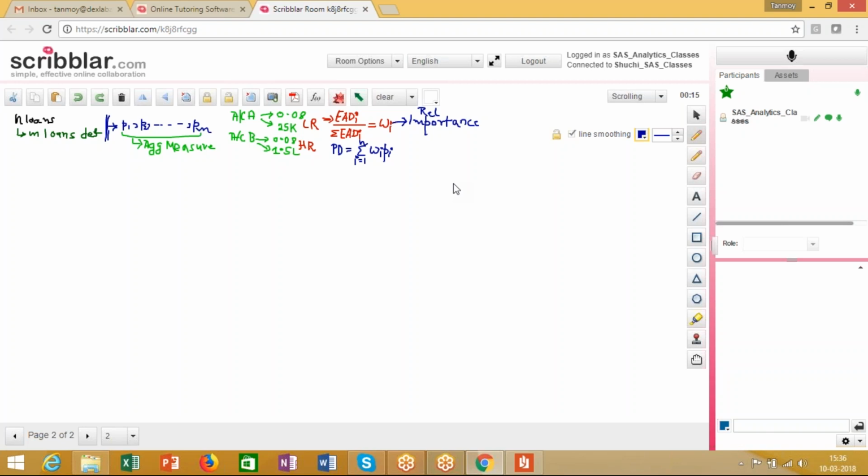So this is a way where the concept of weighted average is used. This is just one of the ways. Similarly, weighted averages are used across different methods, right?